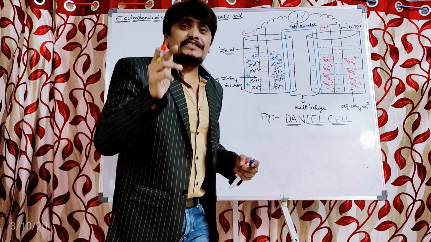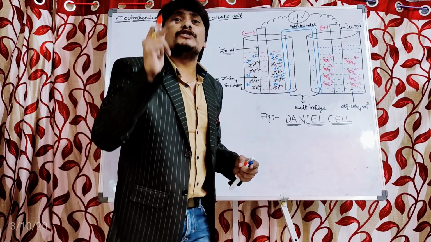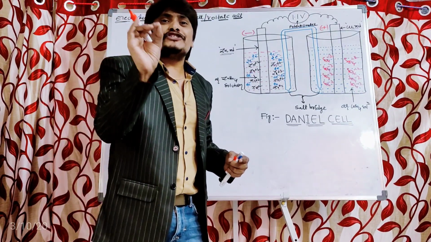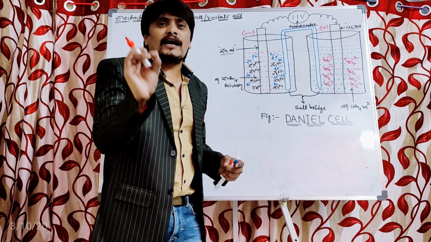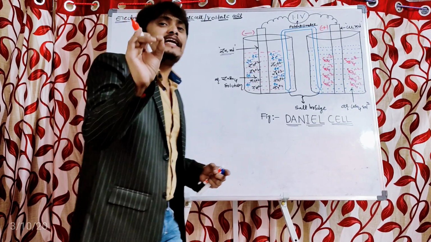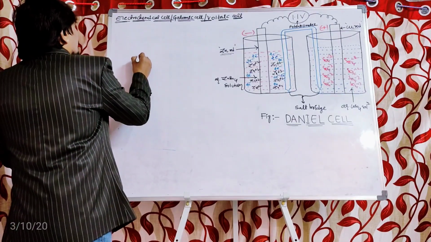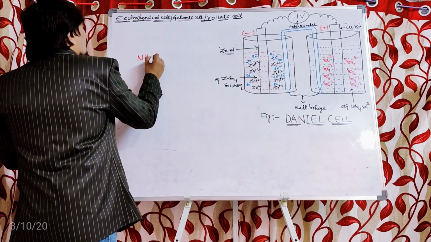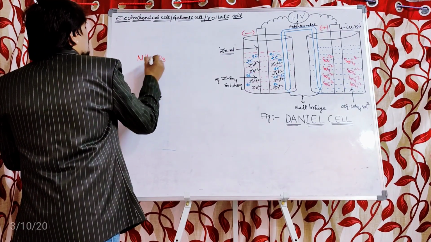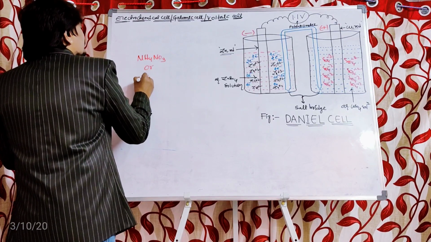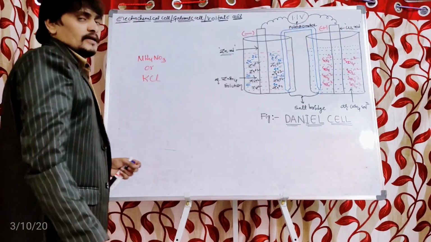So a salt bridge is a U-shaped glass tube comprised of either ammonium nitrate salt or potassium chloride salt.